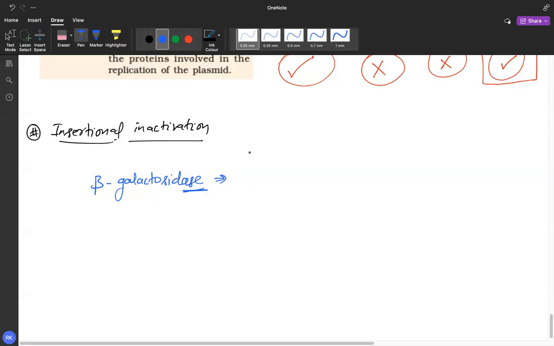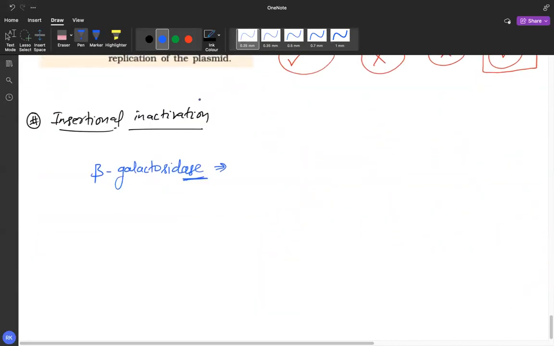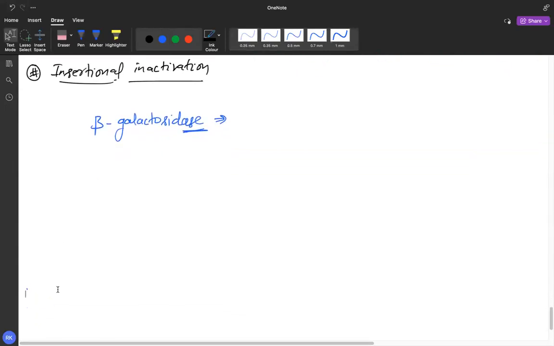Yeah, right. So what happens here, if you have the beta galactosidase gene instead of the tetracycline resistant gene, and then you use a restriction endonuclease that cuts this gene somewhere in the middle, and you insert your gene there, then this will get inactivated, right?